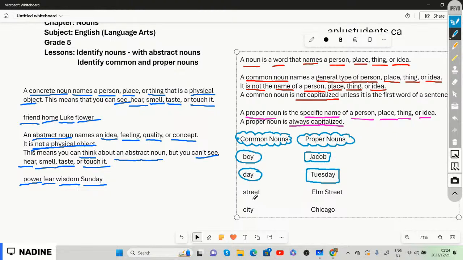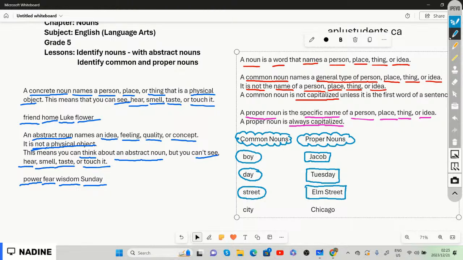If you're going to say that we are going to meet in the street, right? Common noun is generalizing, it can be any street. But when it comes to a proper noun, it means that we are specifically making mention of a specific street.